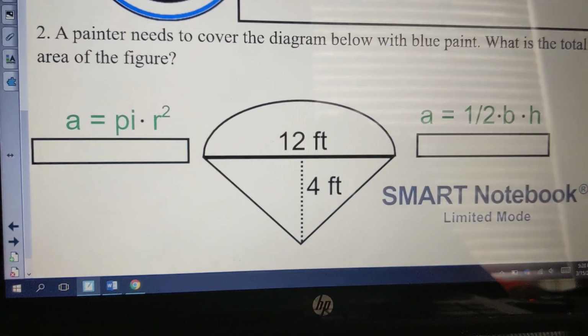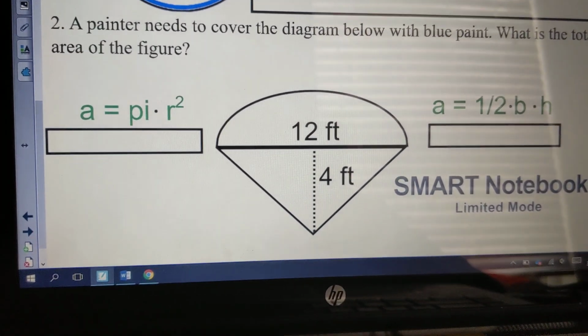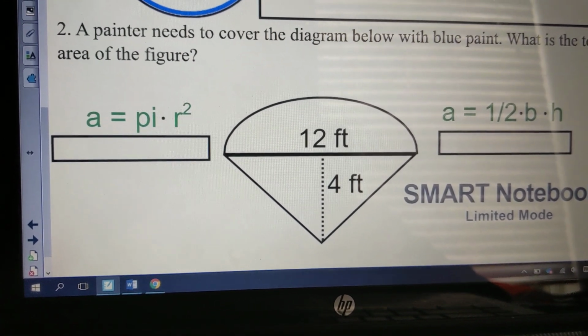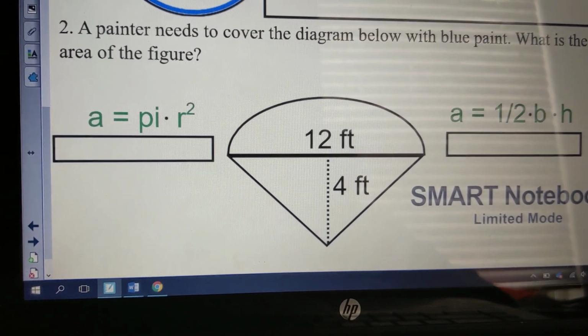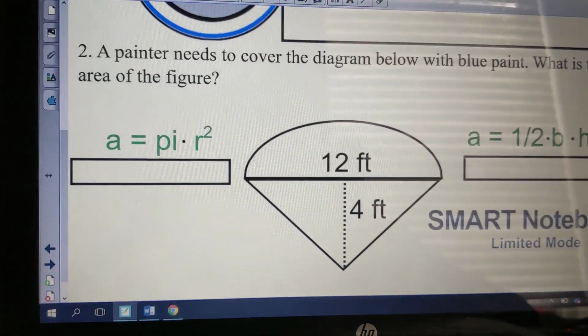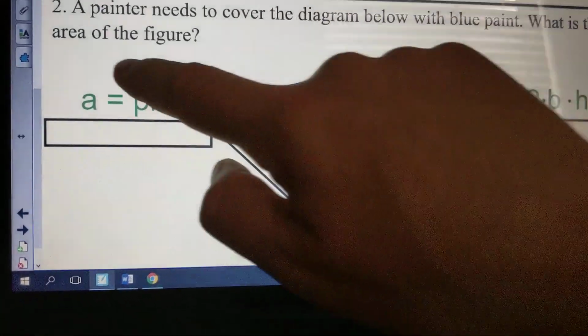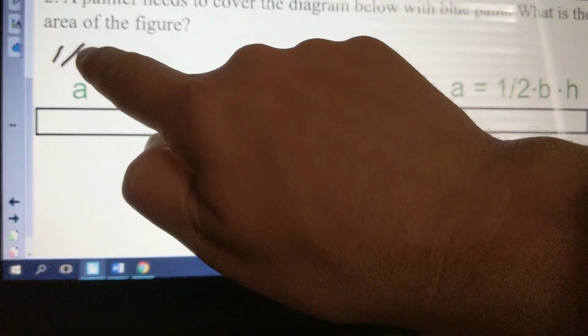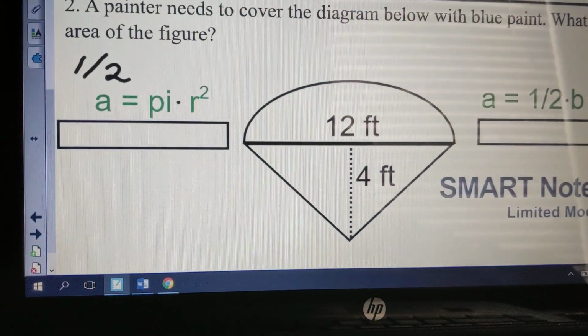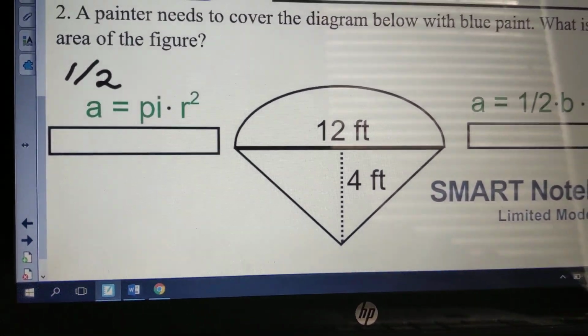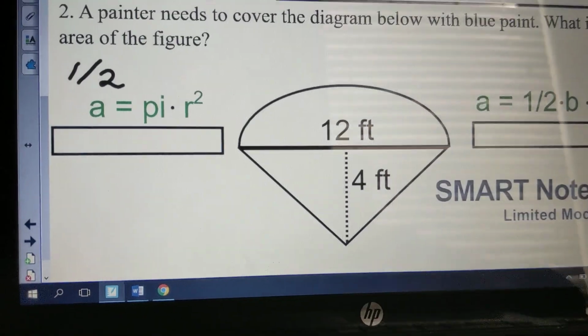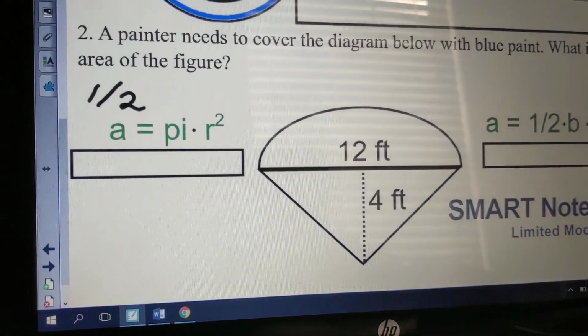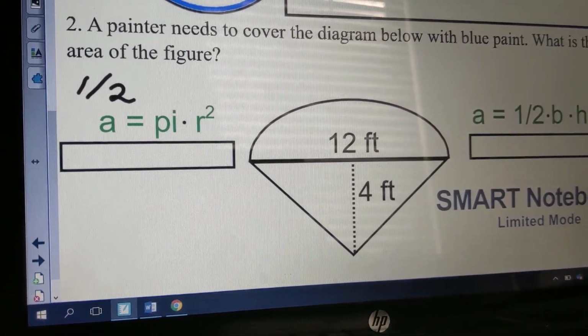I also see a semicircle or half circle there, which means I can use pi times radius to the second power. However, since I notice it's only a semicircle or a half circle, I'm going to make a note to myself that really I just want half of that area. So now, using my information, I can just calculate both areas and combine them together.